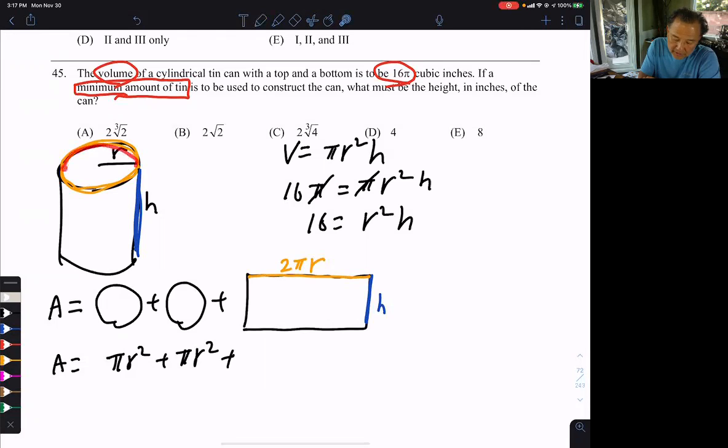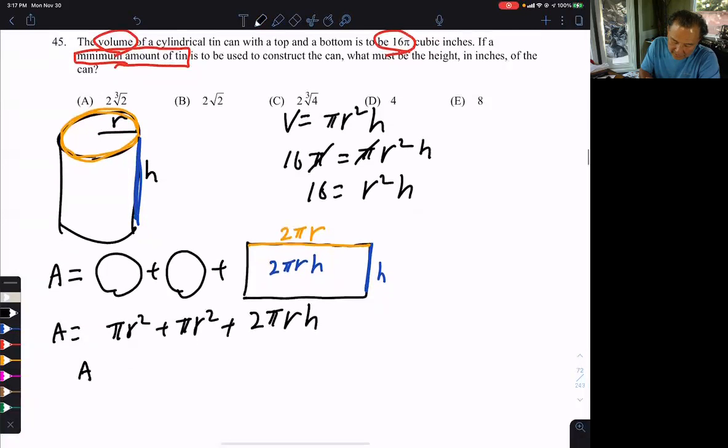So the distance around the can is the circumference, 2 pi r, which is the width of that rectangle. And this is the height. So the area of this rectangle is length times width, so it's 2 pi r times h.